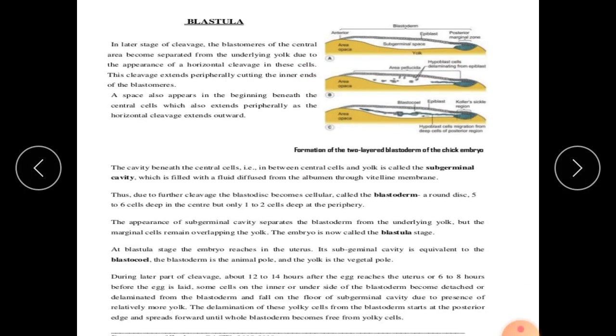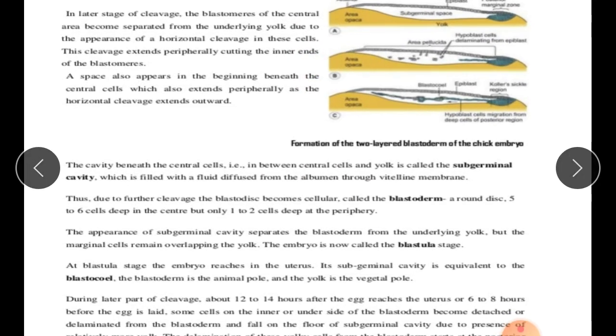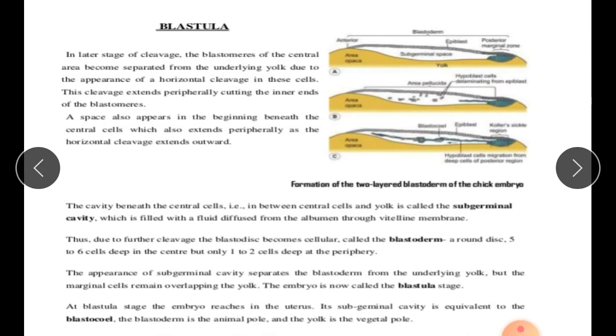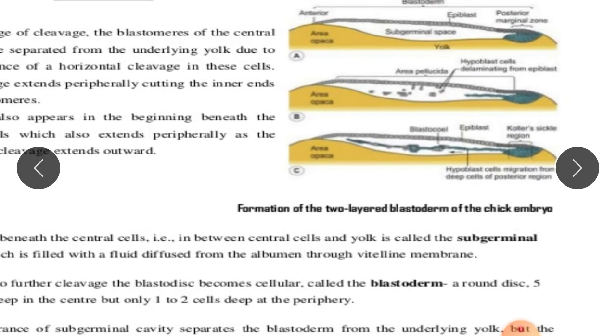So blastula. In the later stage of cleavage, the blastomeres of the central area become separated from the underlying yolk due to the appearance of a horizontal cleavage in these cells. See, look here. These are the blastomeres. This is a cross section.